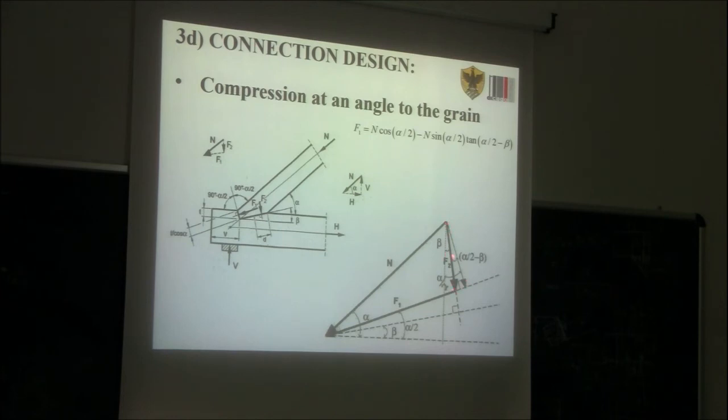So by dividing this side here by cos of alpha divided by 2 minus beta, we get this length here. And this length here was already calculated before as N sin alpha divided by 2. So in the end, F2 is N sin alpha divided by 2, which will be this length, divided by cos of this angle to get F2. Okay?